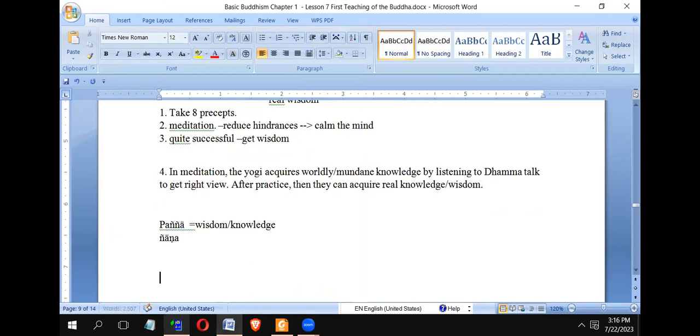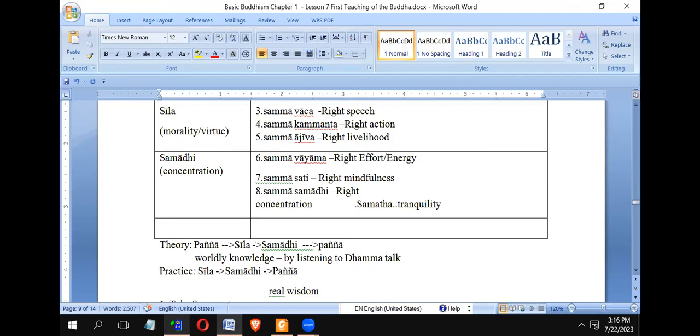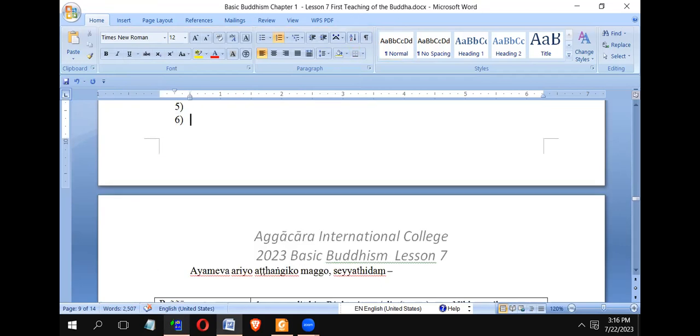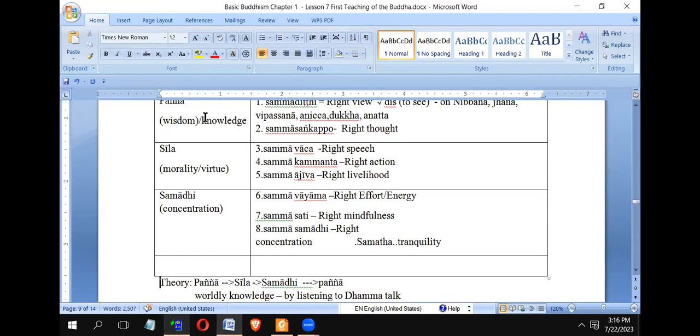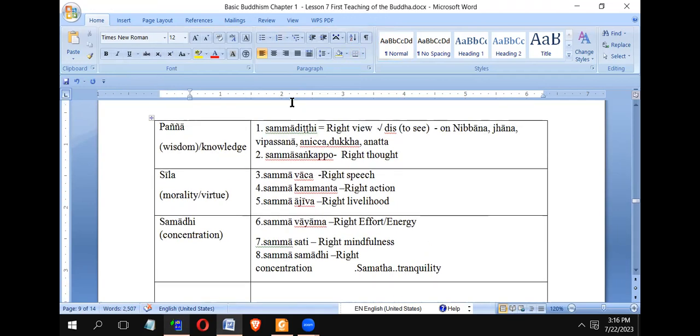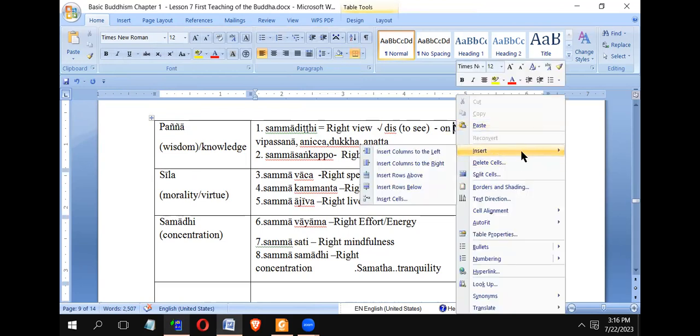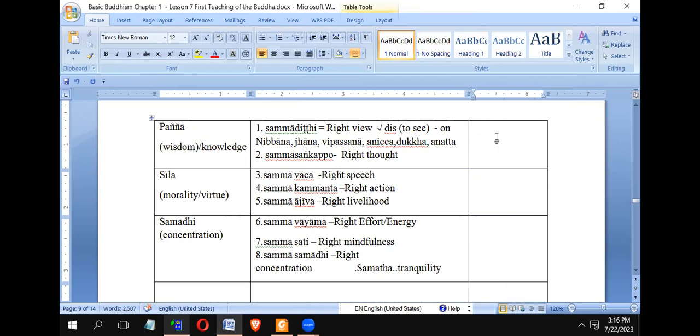For example, up to this point you have Samadhi and you have Micha Ditti. If you have right view, let me add another column on the right. According to wrong view, you have Micha Ditti, the wrong view.